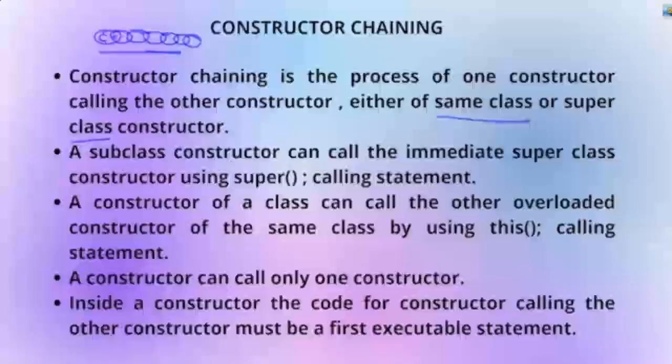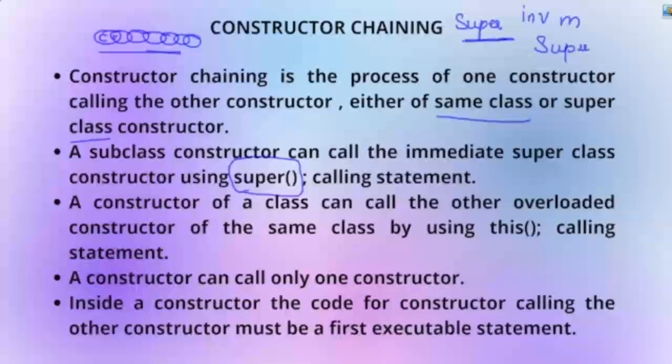The subclass constructor can call the immediate superclass constructor by using super, parentheses and a semicolon. If you are going to use only the super keyword, then it is used for instance variables and methods. If you want to call the constructor from the superclass in the subclass, you need to use it like this.